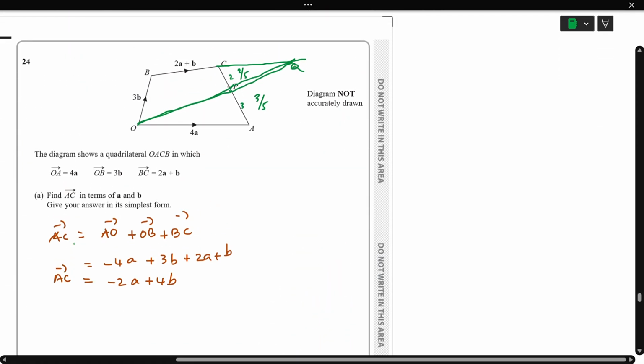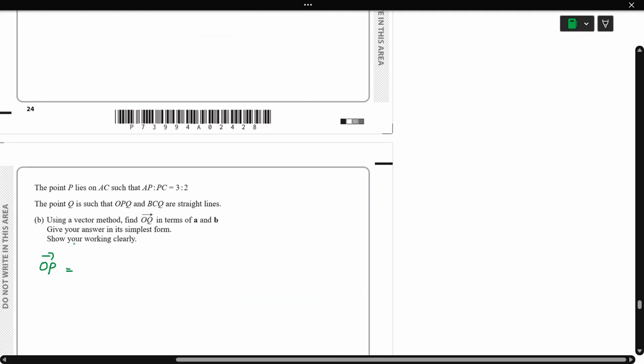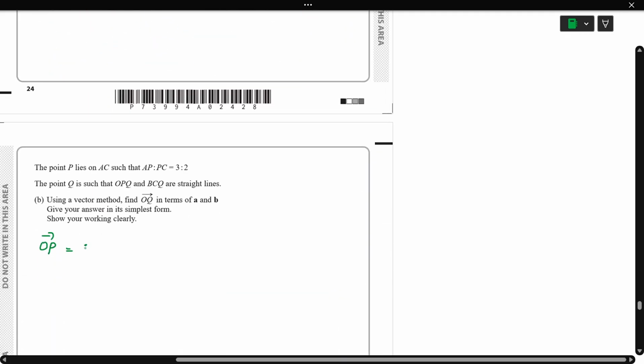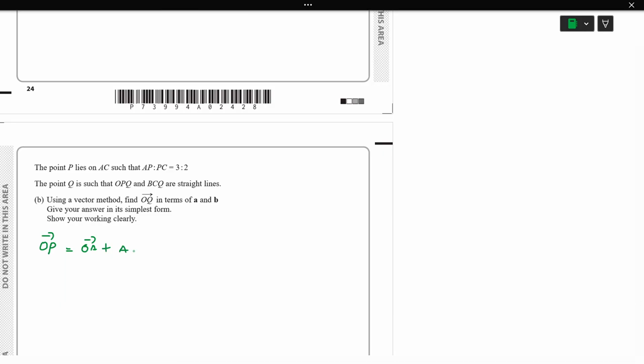OP vector is OA plus AP. OA is going to be 4A and AP is going to be 3/5 of AC.